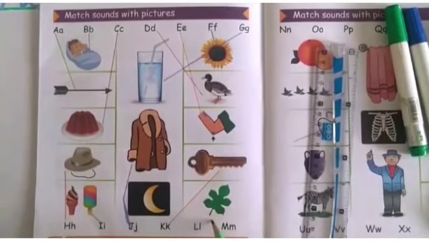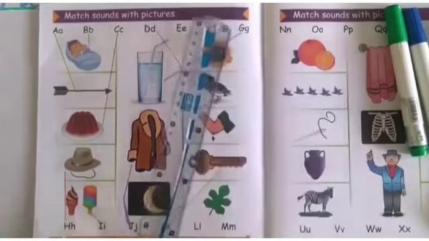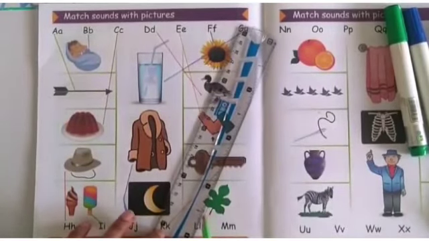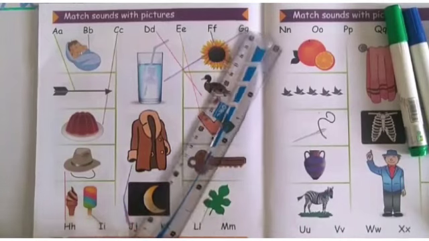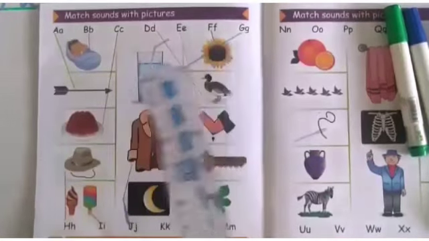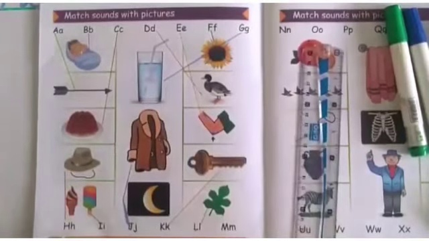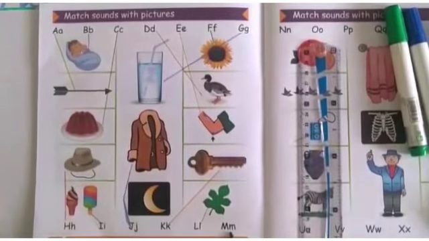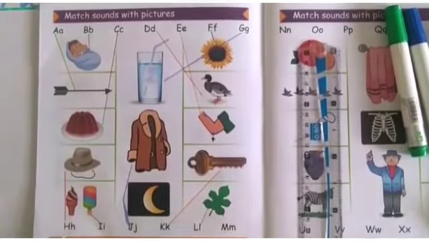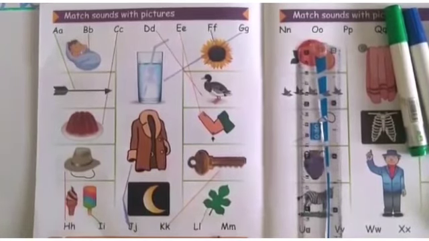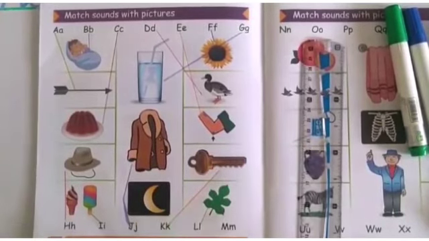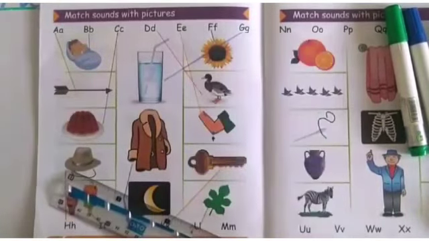L, leaf. Let's match it. L, leaf. So now let's move to the last one. Yes, we have only one alphabet and one picture. So that is moon. Moon. So let's match it also.